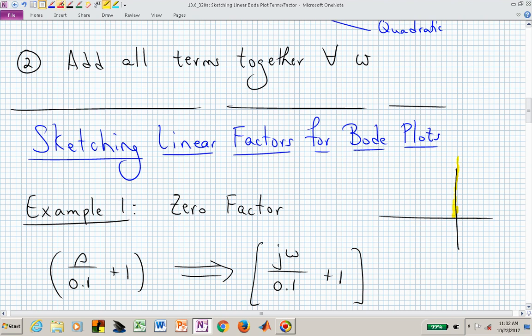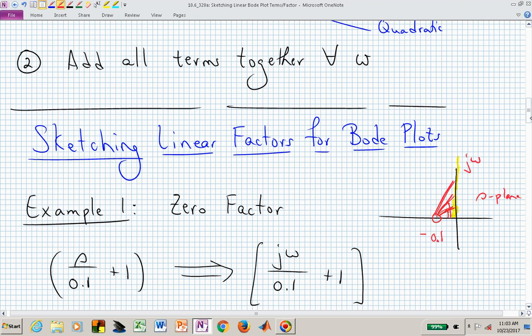We have a zero sitting, and I'm going to exaggerate its location, but let's now say that this is at minus 0.1. We want to know quickly, as we march up this imaginary axis, here's our j omega axis in the complex S-plane, how do these lengths change as omega increases, and how do these angles change as we're looking up that imaginary axis.